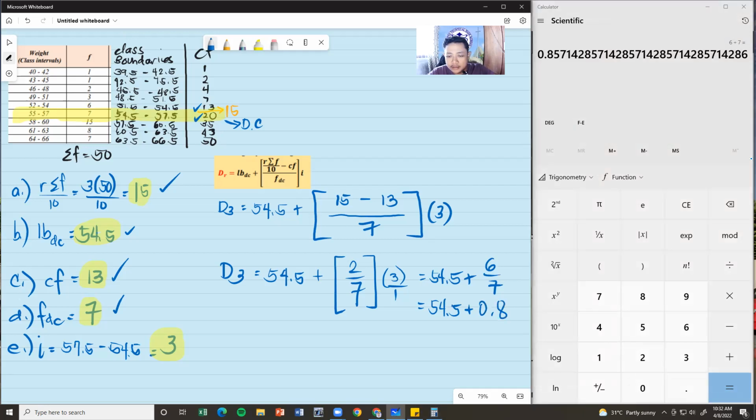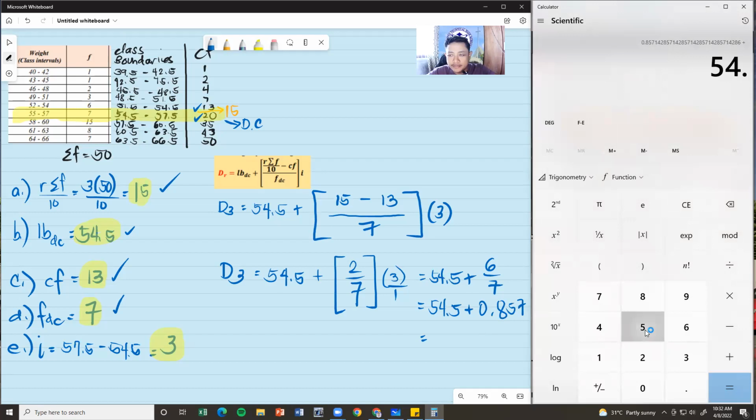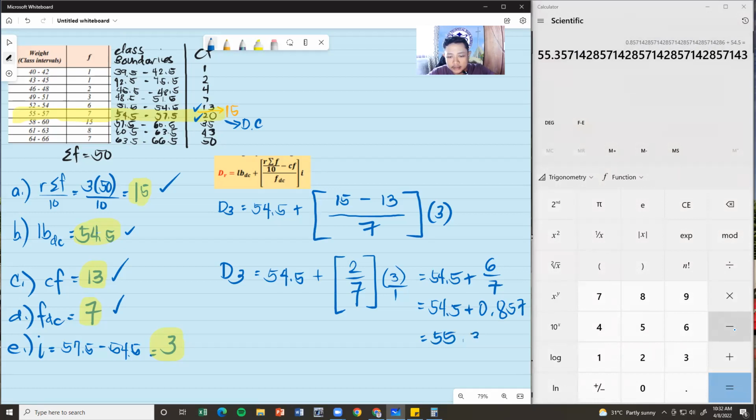0.857, three decimal places. Then when we add them to 54.5, the answer will be 55.36. 55.36 when we round it off.